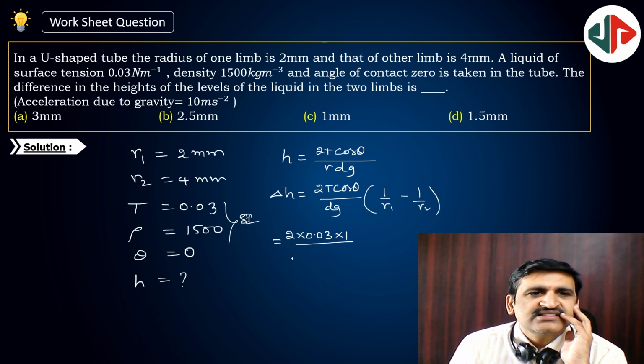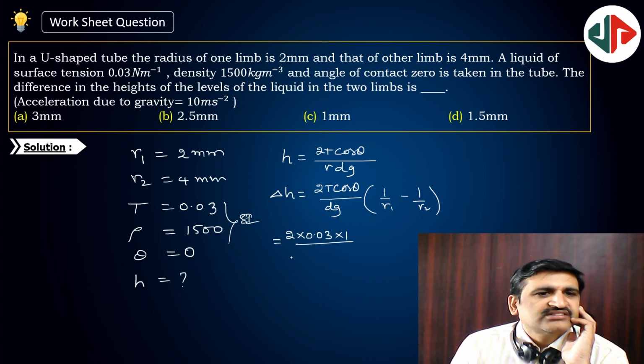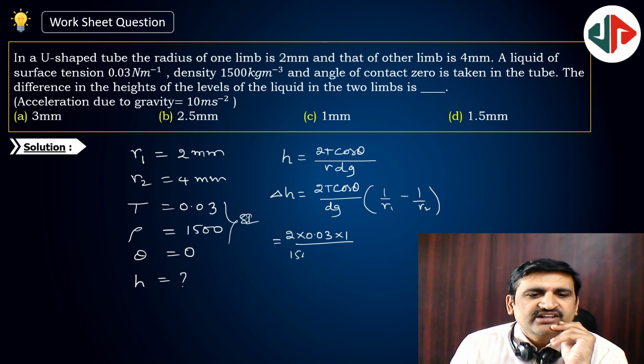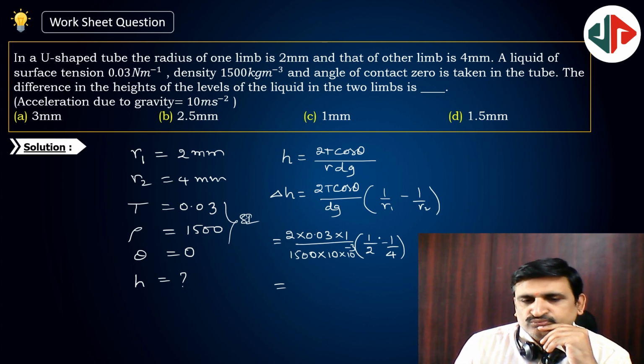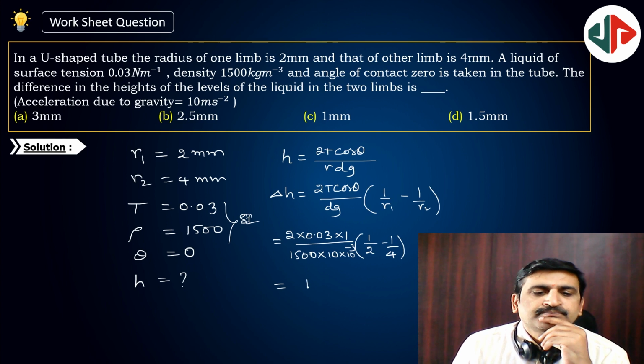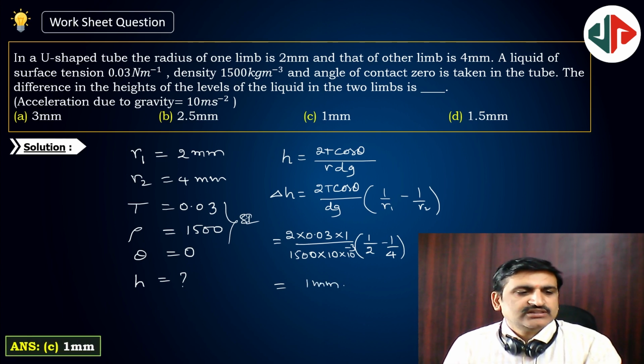U-shaped tube contains radius, contact 0, and density is different, 1500, yeah, into g, 10, into 1 by r1, the small one 2 mm, minus 1 by 4 mm, into 10 to the power of minus 3. Yeah, on further simplification it will give you 1 mm. Yeah, next.